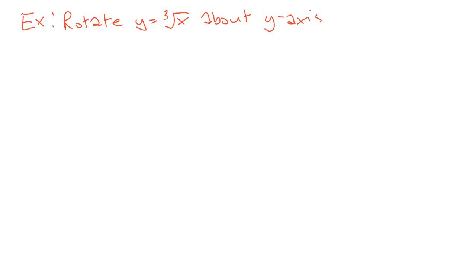In this example, we're finding the volume of the region produced when we rotate y equals the cube root of x about the y-axis. And our bounds are going to be y equals 0 and x equals 1.